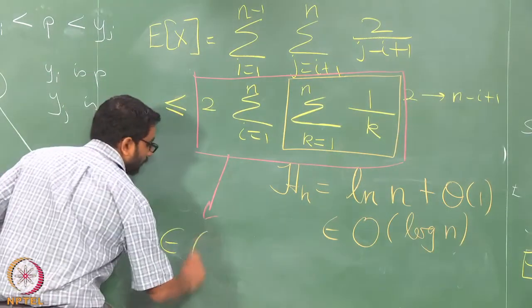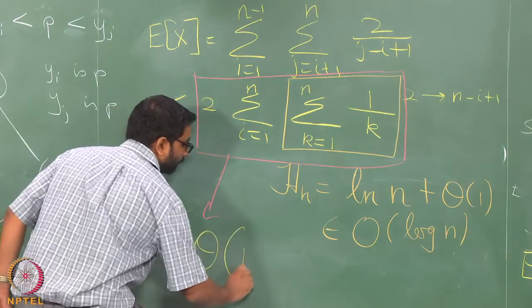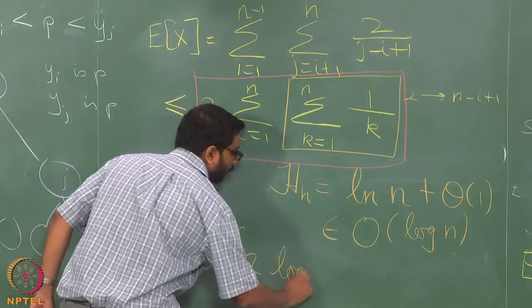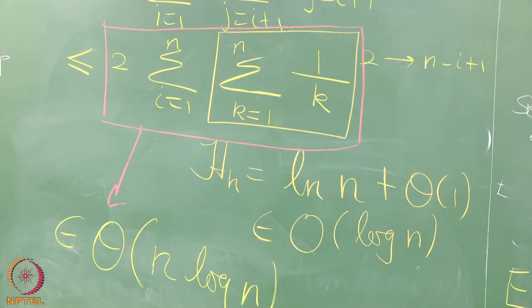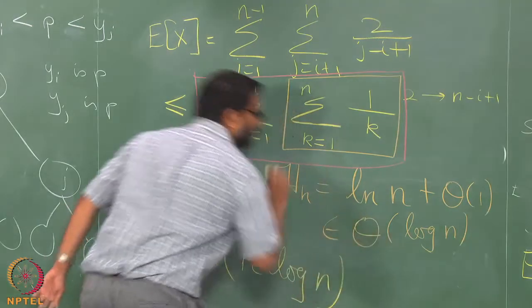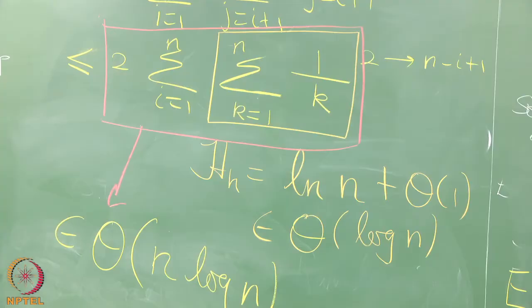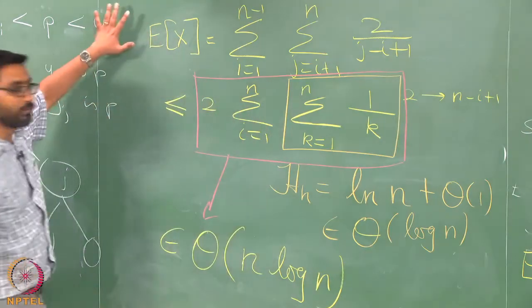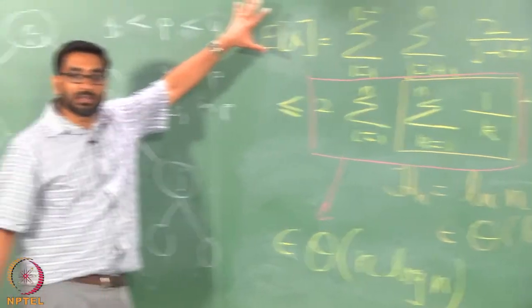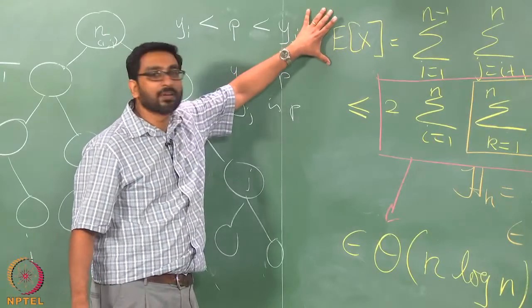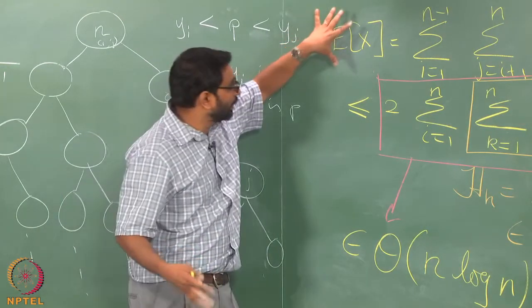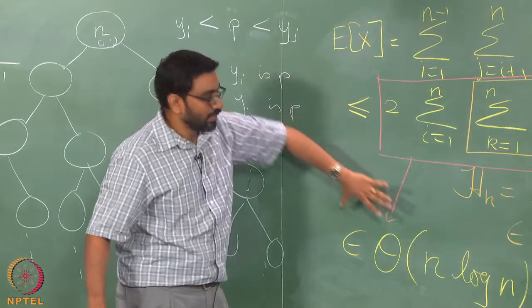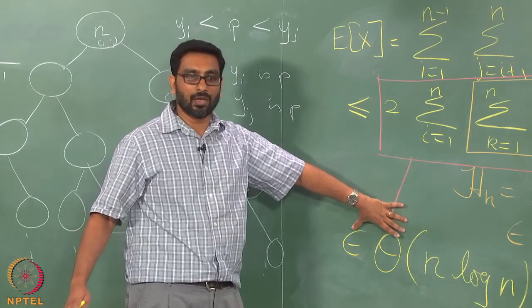So this whole quantity is now theta of n log n. What we have been able to show here is that the expected number of comparisons, which is the surrogate for the running time, is at most theta of n log n.